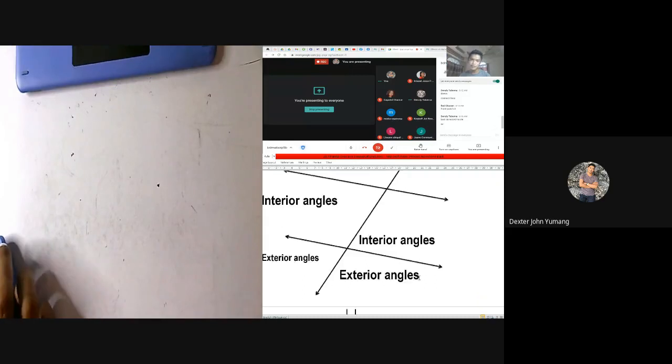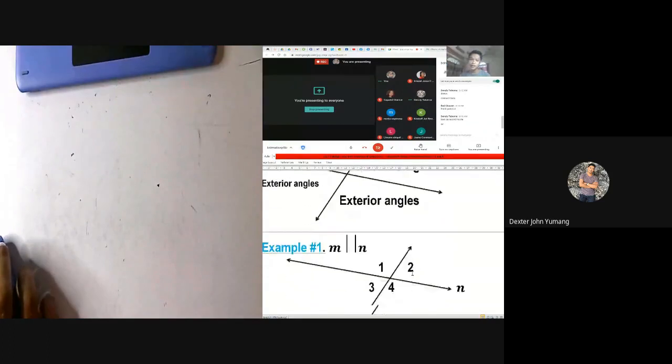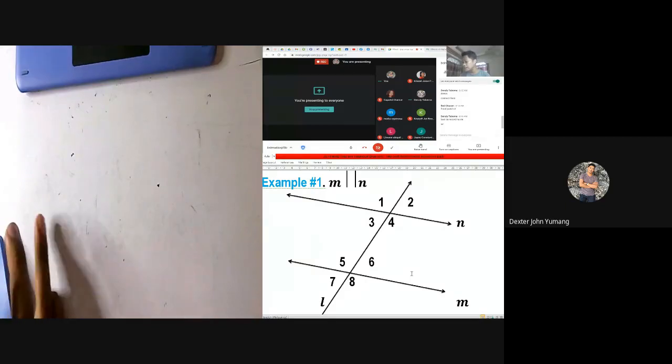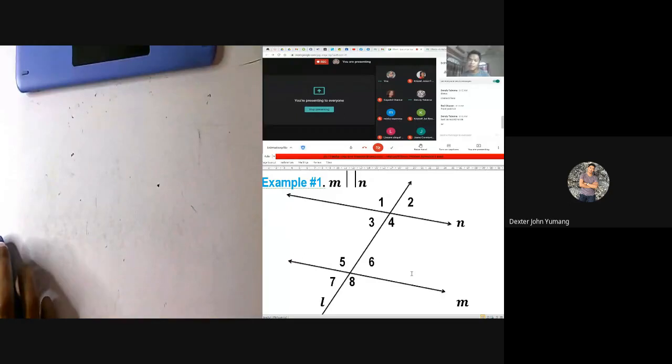Okay, let's proceed now. So those are the exterior and the interior angles formed when there is a transversal line and a parallel line. So kindly look at this example for number 1. Sabi daw po sa condition or sa given, M is parallel to N. Take note, M is parallel to N. Therefore, our two parallel lines are M and N. So in this case, merong transversal dyan.